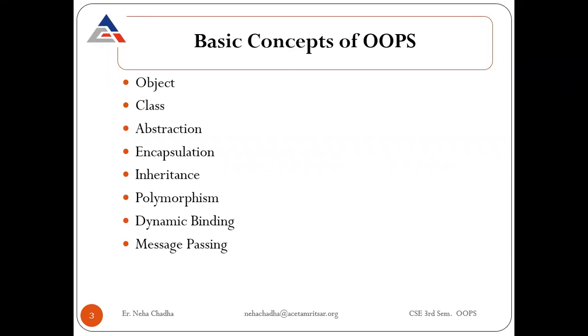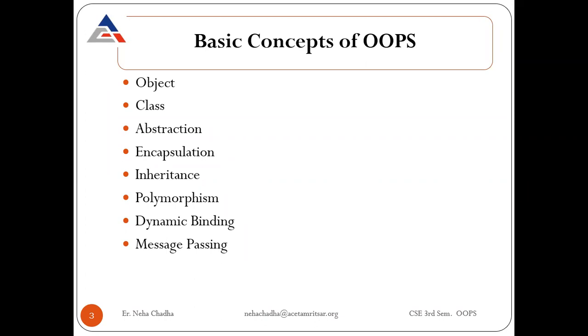Encapsulation. Encapsulation is the process of binding data members and member functions into a single unit. This is a way of restricting access to certain properties. Then comes inheritance. The ability of creating a new class from an existing class is called inheritance.